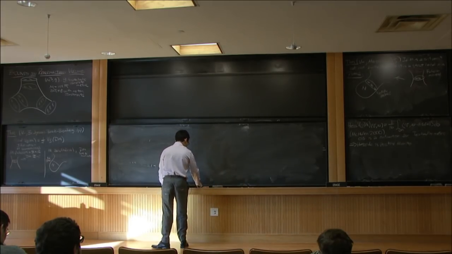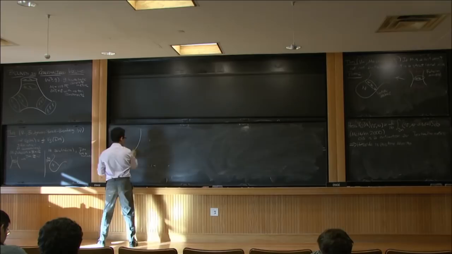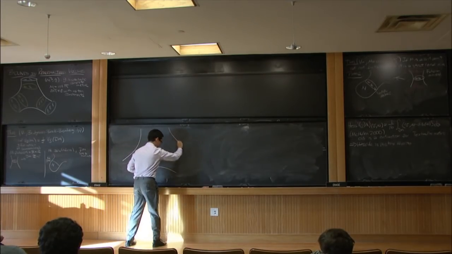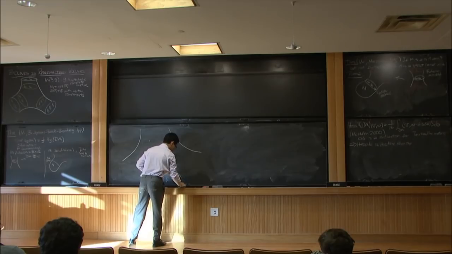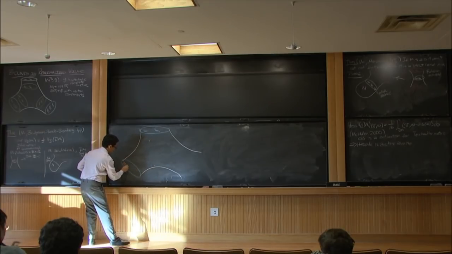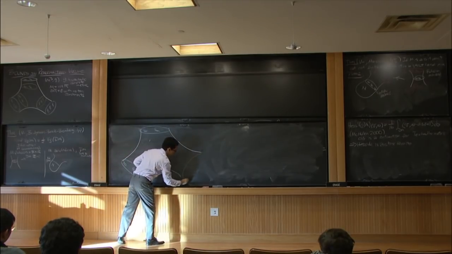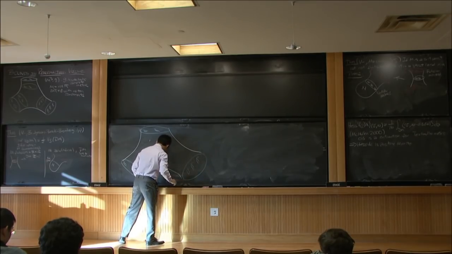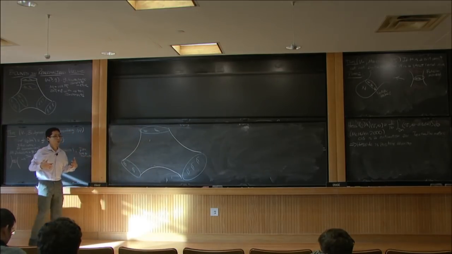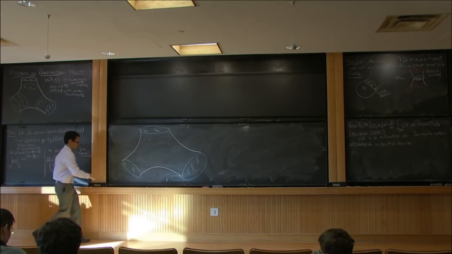So let's see. So how could the degeneration occur as we take a sequence of manifolds?